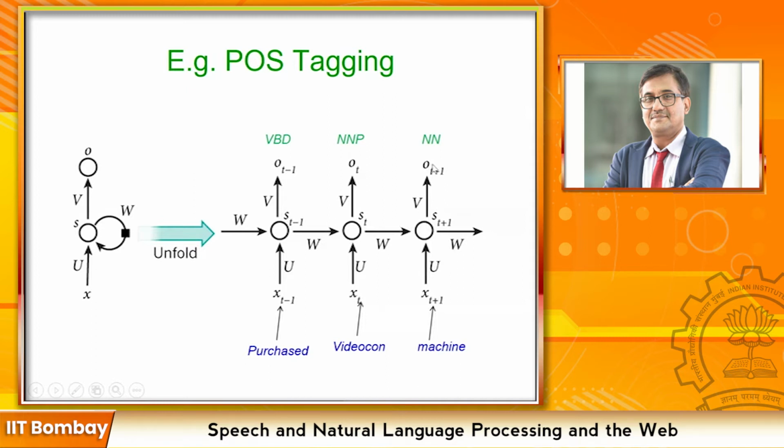So the reason why NNP is produced is because of the input, the state of the machine in the previous time step, and the three controlling parameters of weight values U, W, and V. So this is a sequence to sequence transformation which is happening.